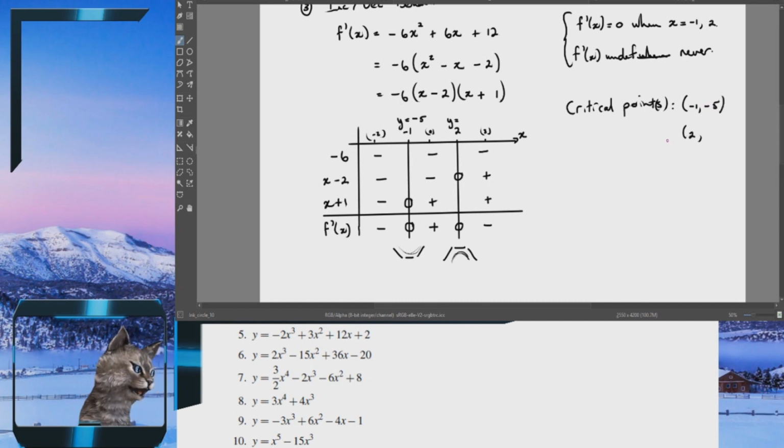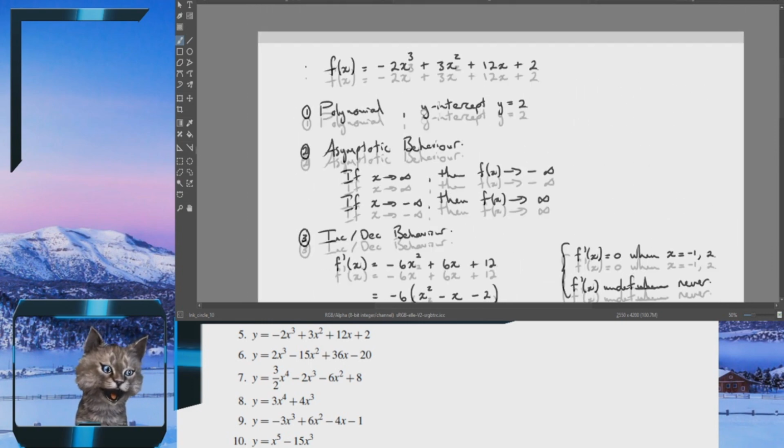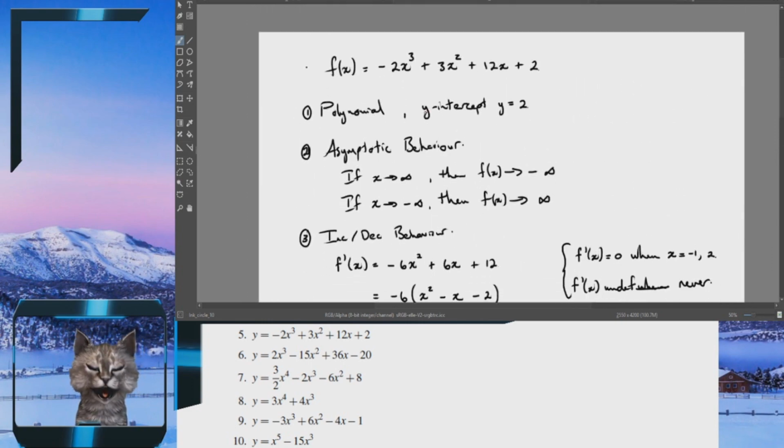Sorry, this is negative 5. That's our first critical point, because it comes out of my list here that I'm checking, and there's a point on the graph. The function's defined at the x value. Then, when x is 2, we'll plug that in into your calculator or do it in your head, whatever works for you.